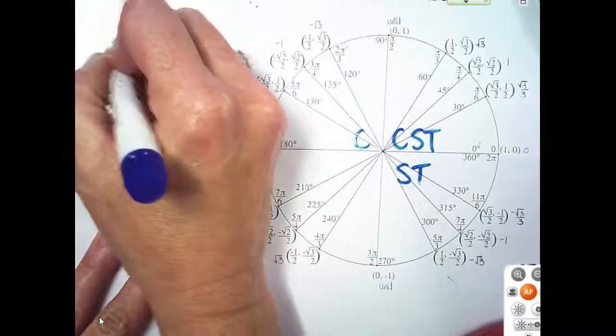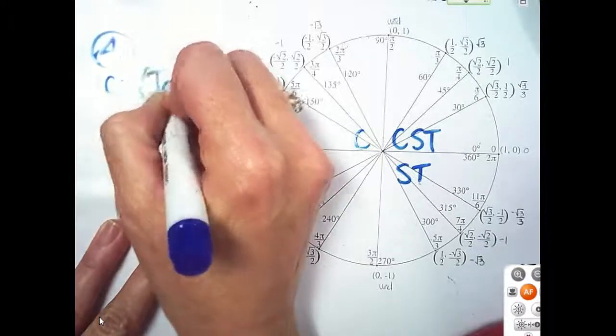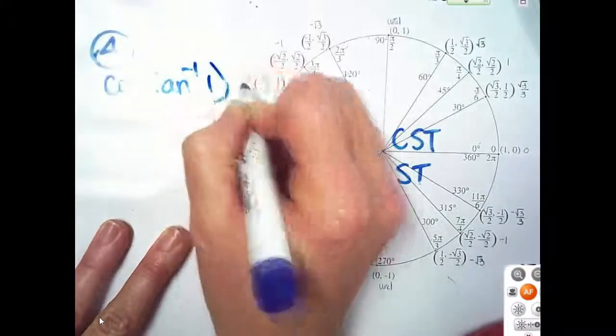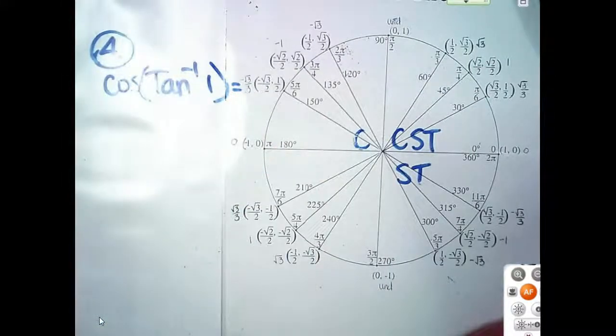Number 4. Cosine of the inverse tangent of 1. I know, I'm sorry about the glare. Start in the middle.